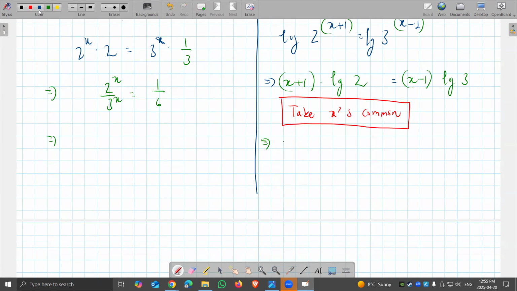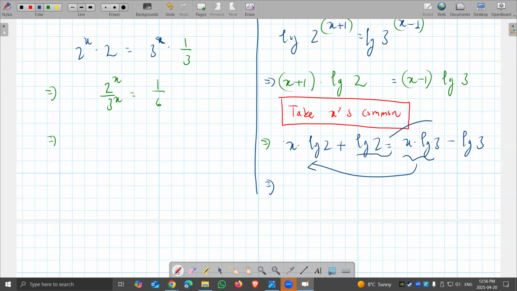So this becomes x times log 2 plus log 2 equals x times log 3 minus log 3. Now I'm going to move the x's to this side and the logs to the other side. x log 2 minus x log 3 equals negative log 2 minus log 3.